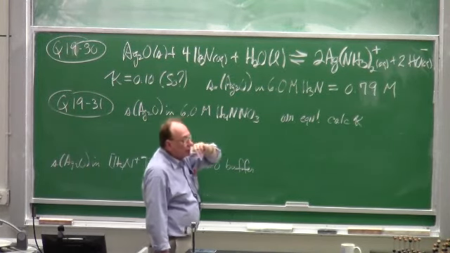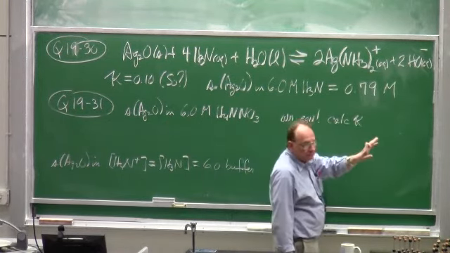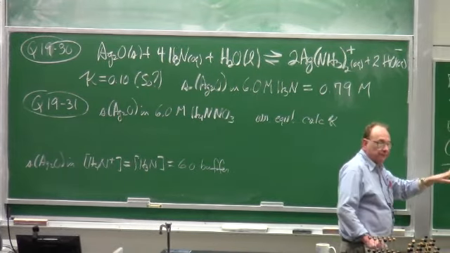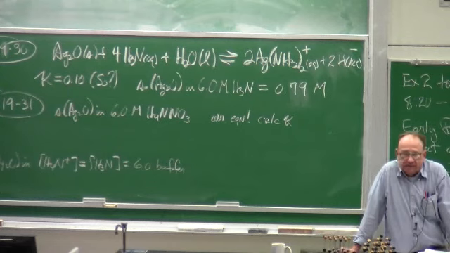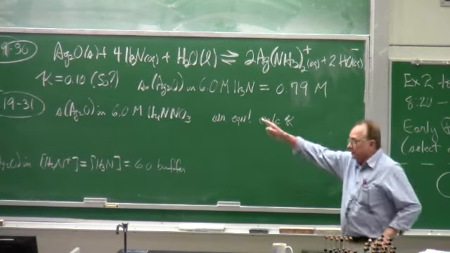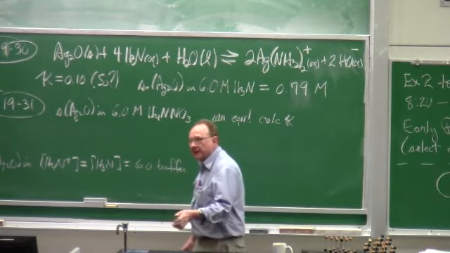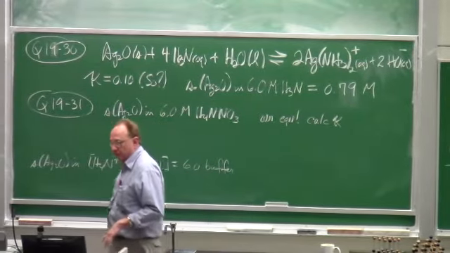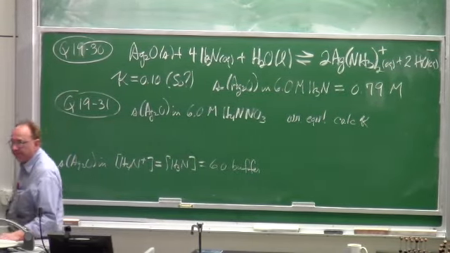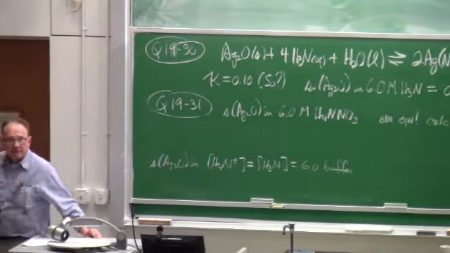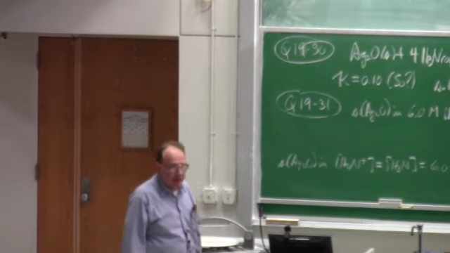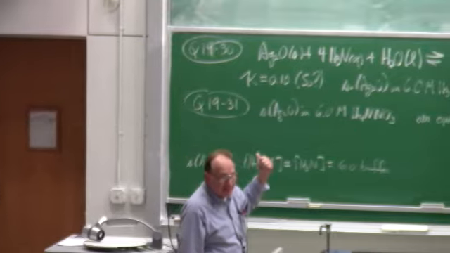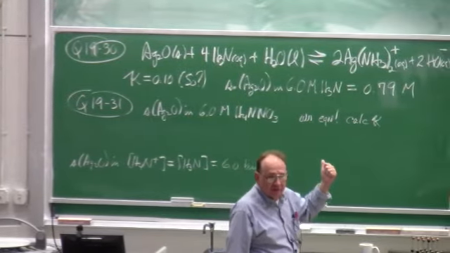Now recall, when we looked at silver chloride being treated with ammonia, we got a K value of 0.0029. So after this I wrote, so what does the comparison of these K values suggest to you? Silver chloride treated with ammonia, K is 0.0029. Silver oxide treated with ammonia, K is 0.10.